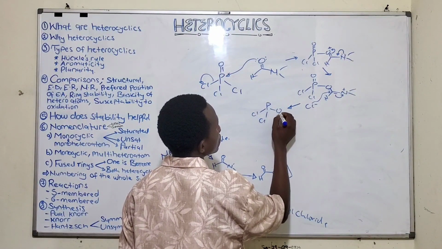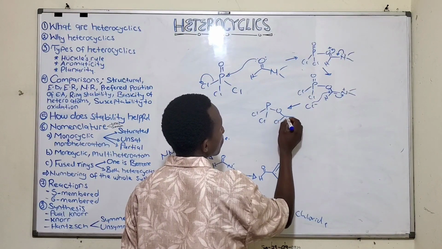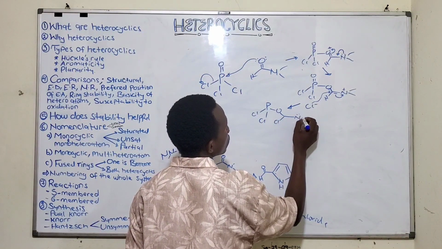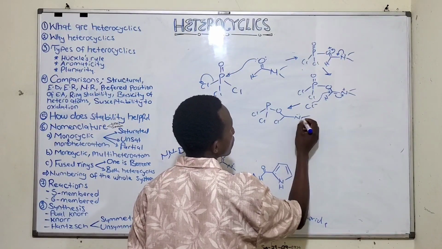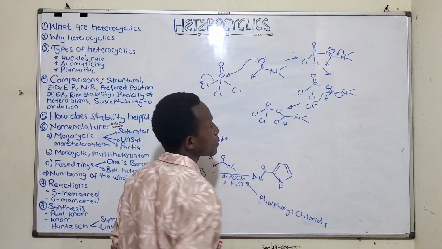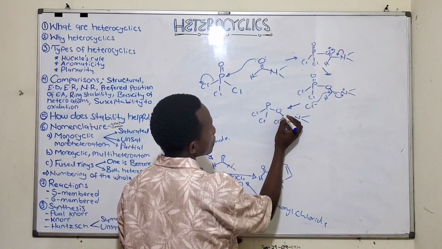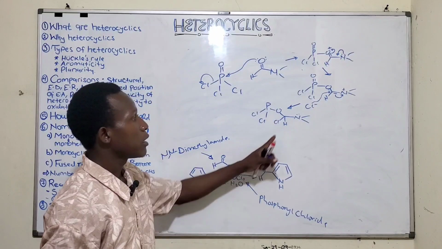We have oxygen, the chloride here, N will be having its lone pairs back, and a hydrogen here. Yes, that's what we are having.